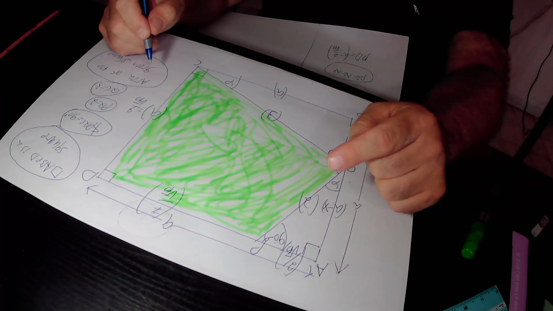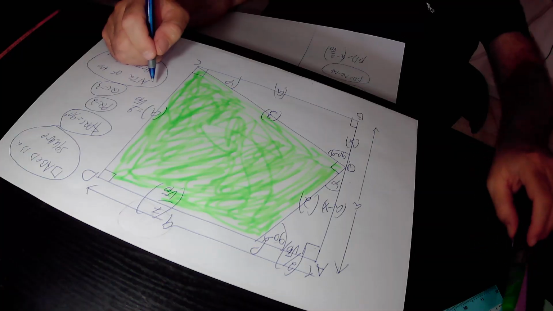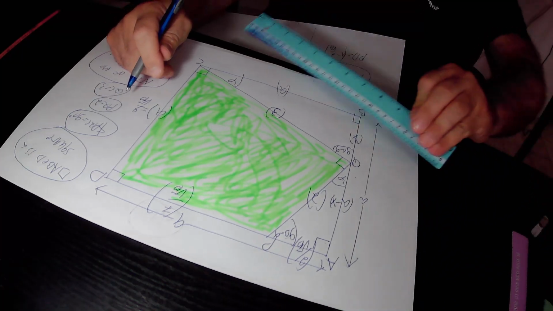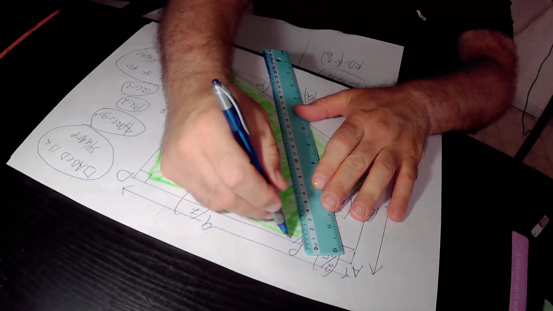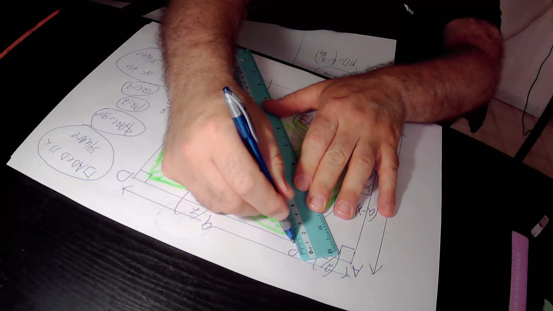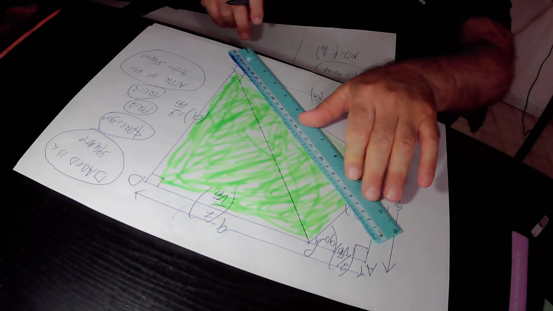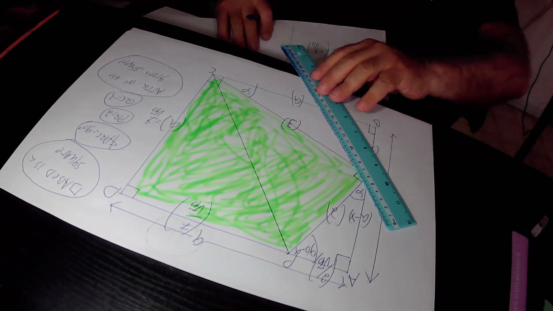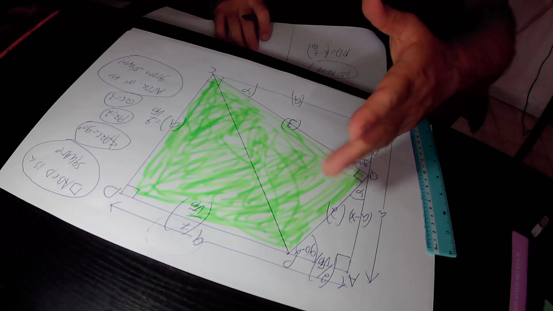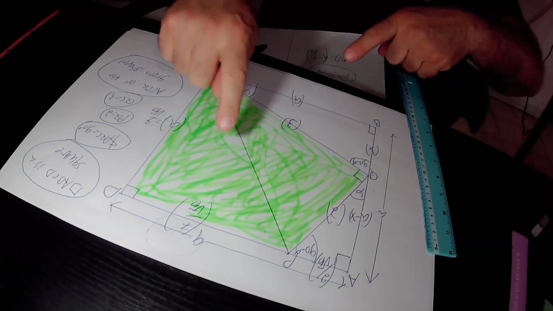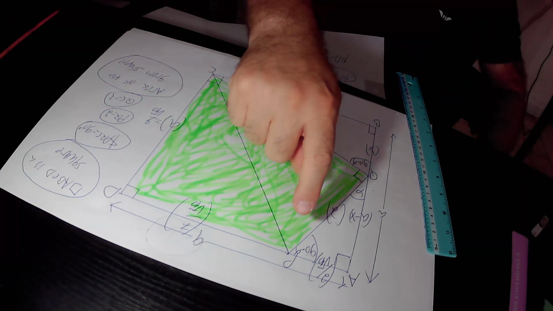In the next step, we will join points P and C together by a straight line. By joining points P and C, we make two right triangles, the right triangle PDC and the right triangle PQC.